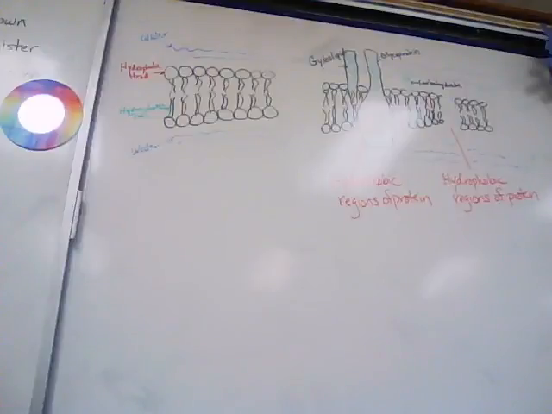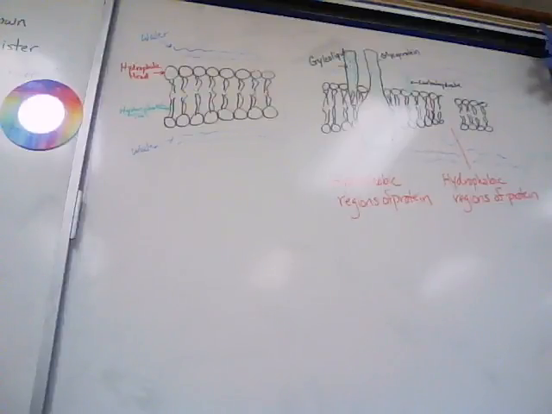There are two major populations of membrane proteins: integral proteins and peripheral proteins. Integral proteins penetrate the hydrophobic core of the lipid bilayer. Many are transmembrane proteins, which span the membrane.